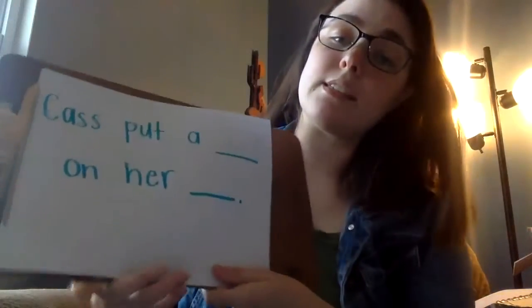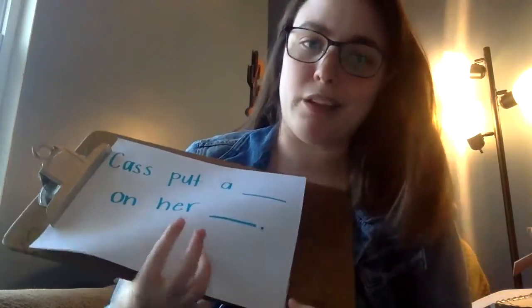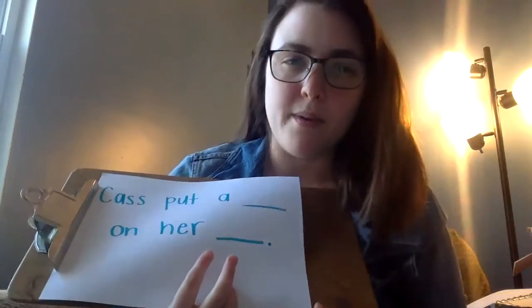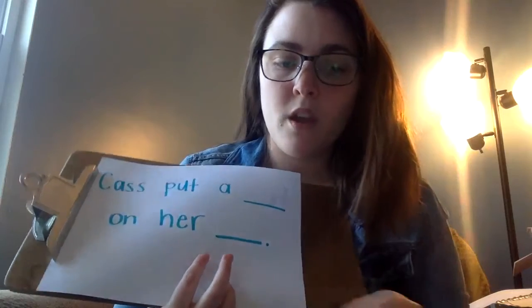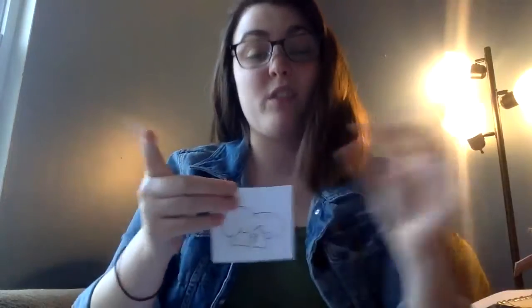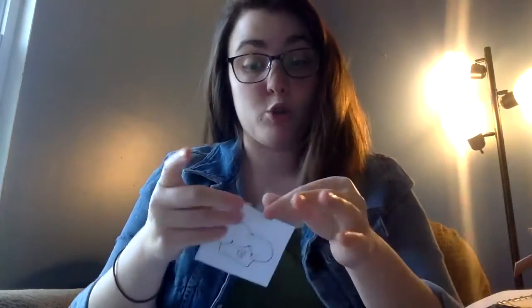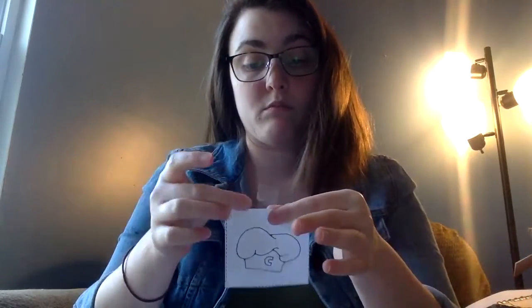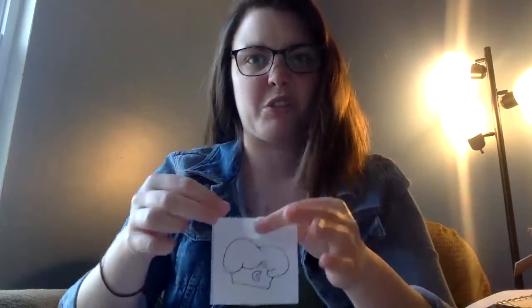So it says, Cass put a blank on her blank. Now I'm going to think about this. I have two pictures, and the first one that I want to use is the hat. So I'm going to take tape, or if you have a glue stick at home, that's awesome too, because for the next part, you'll need glue. For this one, I'll just tape them on mine. So I have the hat.